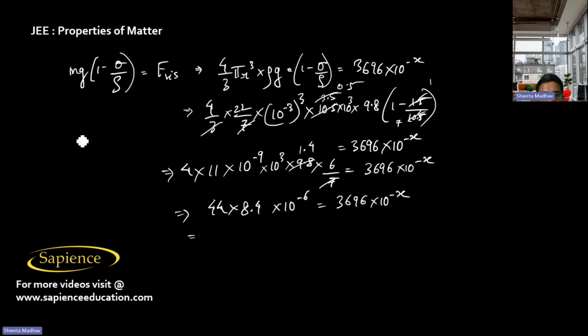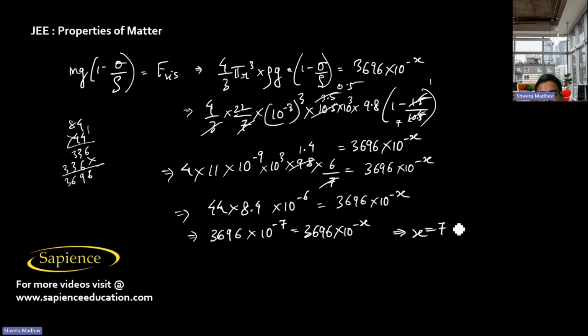Okay, so now 44 into 84 that we can do, 4 fours are 16, 4 fours are 32, 33, 4 fours are 16, 32. So this is 3696. So this I can write 3696 into 10 power minus 7 is equal to 3696 into 10 power minus x.